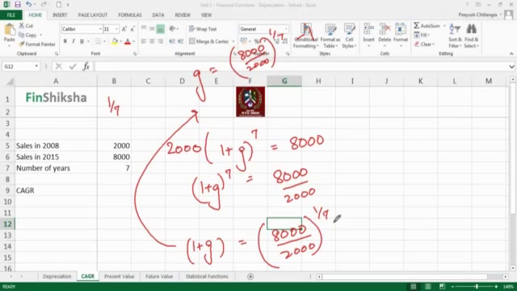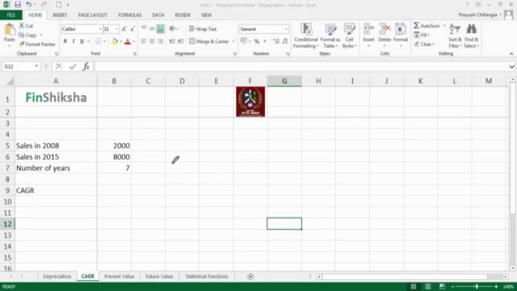So essentially, the formula is 8,000, which is the final value, divided by 2,000, which is the initial value, raised to the power 1 divided by the number of years, minus 1, right? So I can rewrite the formula here. The CAGR is going to be equal to 8,000 divided by 2,000 raised to the power 1 by 7, minus 1.